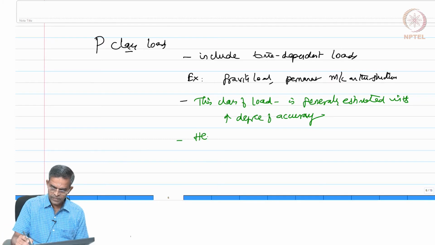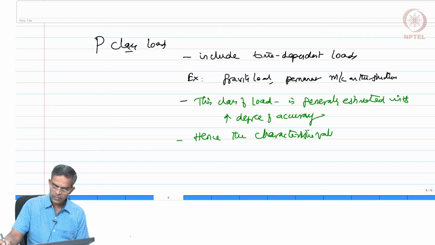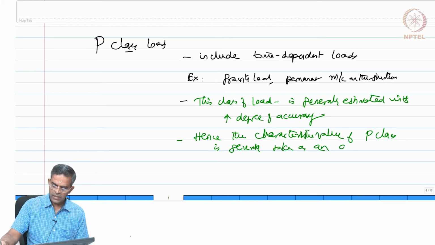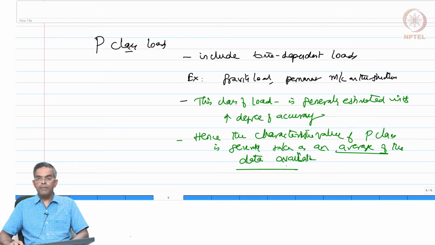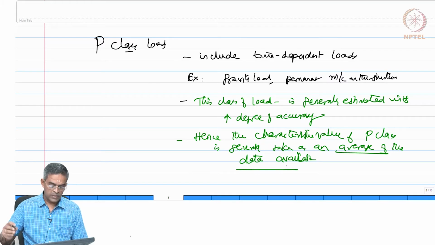Hence, the characteristic value of P class load is generally taken as an average of the data available. Okay? And we can compute this with higher accuracy.